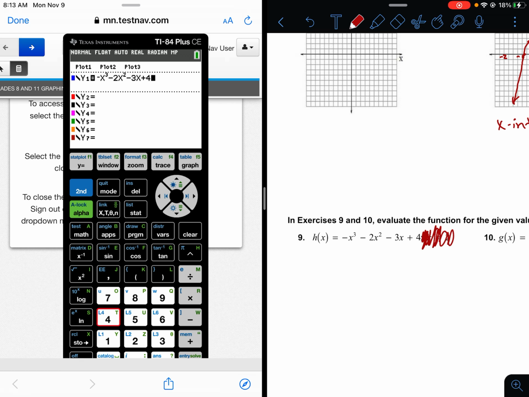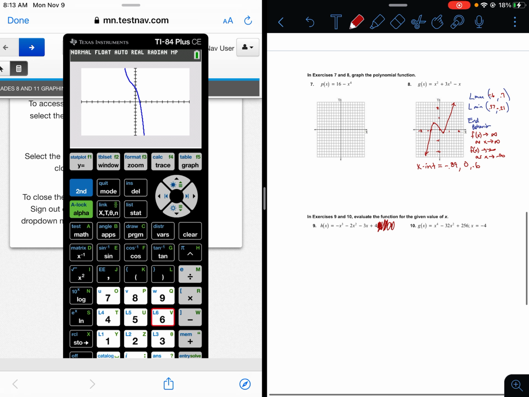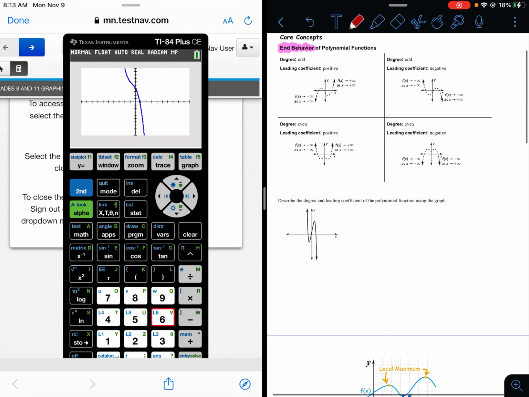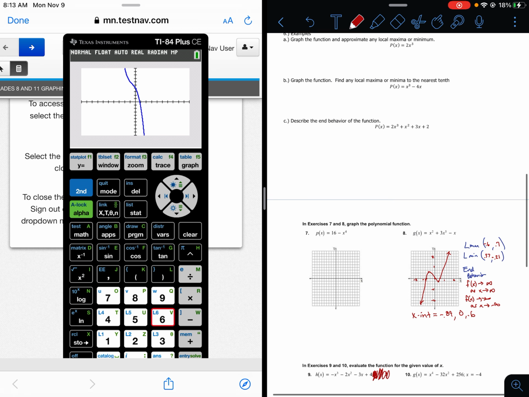So we can graph this. And let's see, this one might be a little bit more normal. No, it's not normal. It doesn't have all the x-intercepts here. Try to think of another one I can use here.